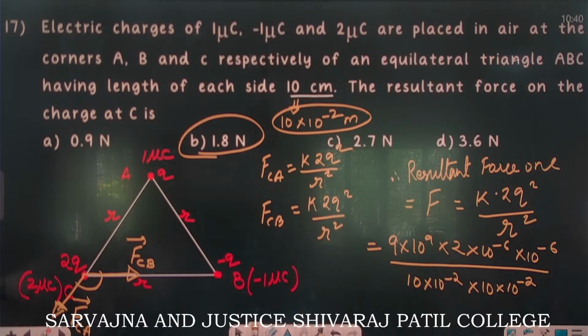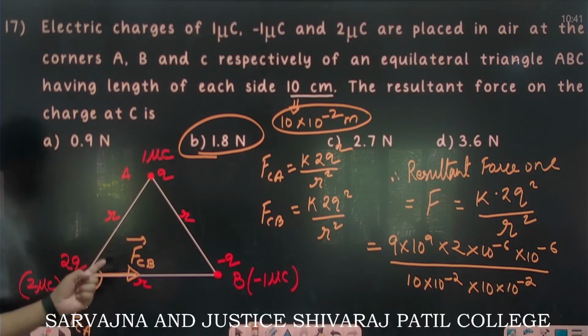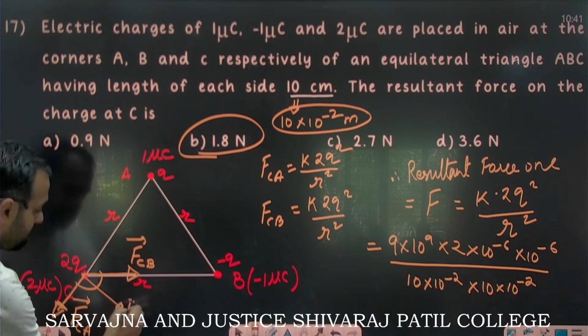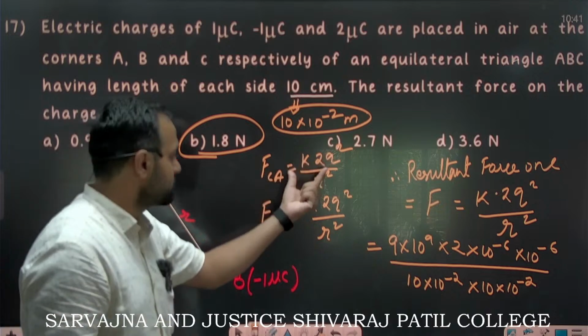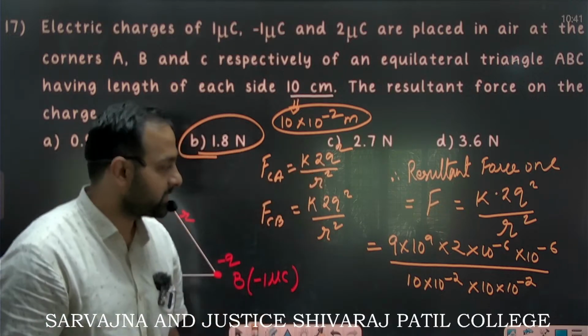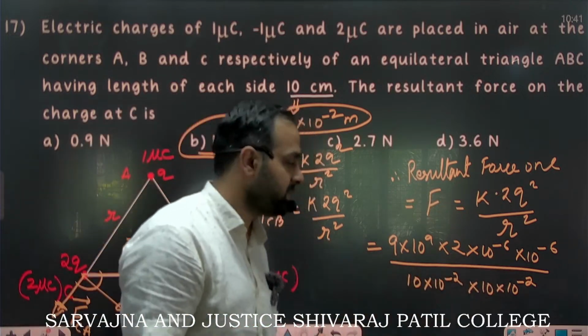That's why I said vectors. If there are equal forces acting at a 120 degree angle, what will the resultant be? The resultant will also be equal to F only. What is the value of F? F is nothing but K 2Q square by R square. Then you finally substitute and find it.